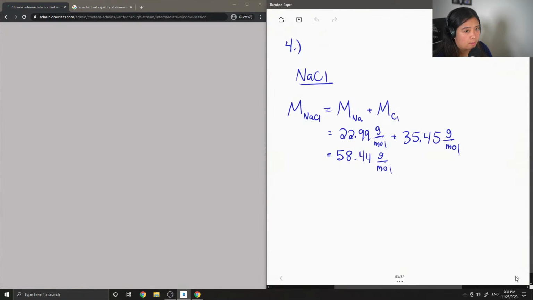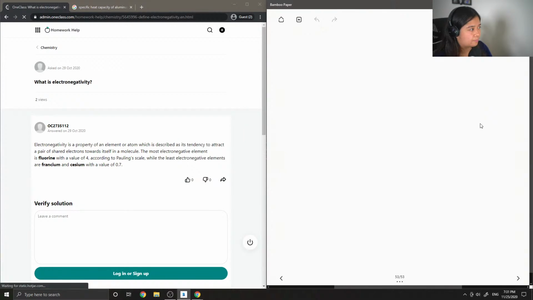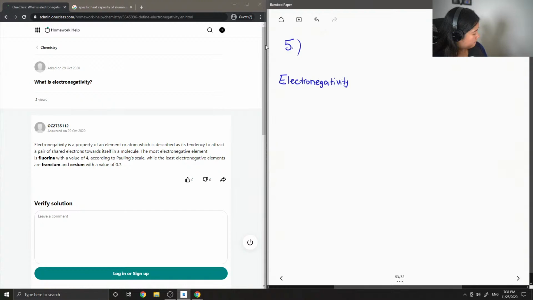So on to question number 5. What is electronegativity? Okay, so electronegativity is the tendency of an atom to attract electrons.